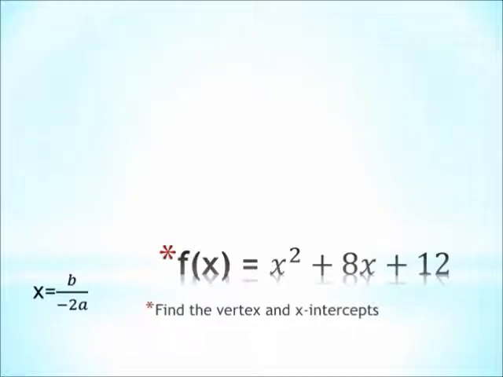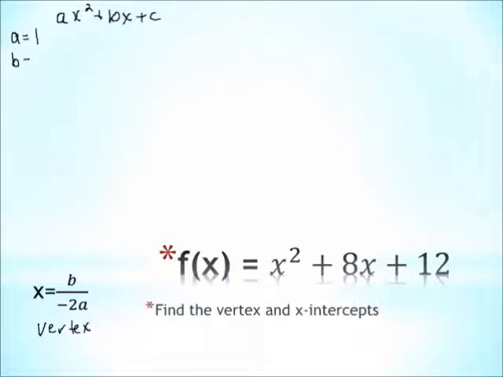Now let's talk about vertex and intercepts. The formula that you see here is going to help us begin to find the vertex. It's actually negative b over 2a, but it doesn't matter how it's written there. It's very similar. So you want to recall that our quadratic is ax squared plus bx plus c. So we want to identify in our equation what is a.